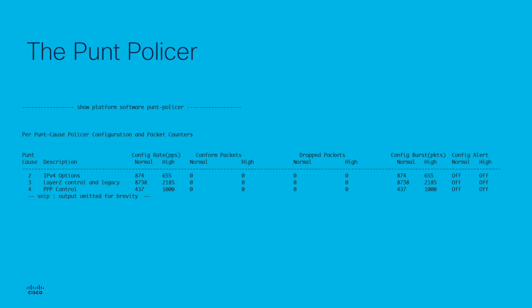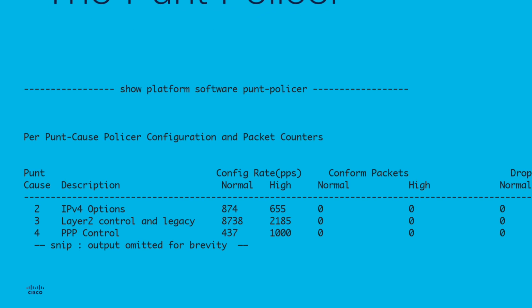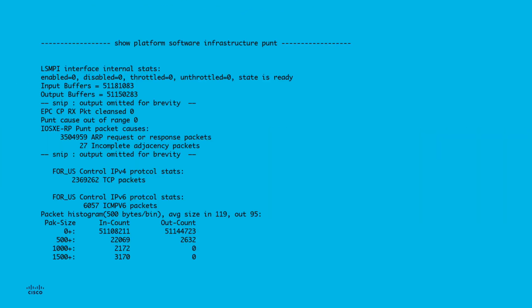With the command show platform software punt-policer, you can see the conform and the drop packets due to this policer. The command show platform software infrastructure punt shows counter data about punt causes. This data is relevant to understand what can be impacting the punt keepalive path.